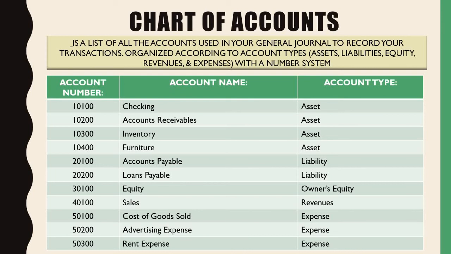One question. Is that what you call the main account? Say it again. Checking and accounts receivable. You remember before we learned about, for example, an asset, the main and contra, and so checking, accounts receivable. Is that what you call the main and the sub account? It really depends. Right now, it's just a list of a bunch of accounts.